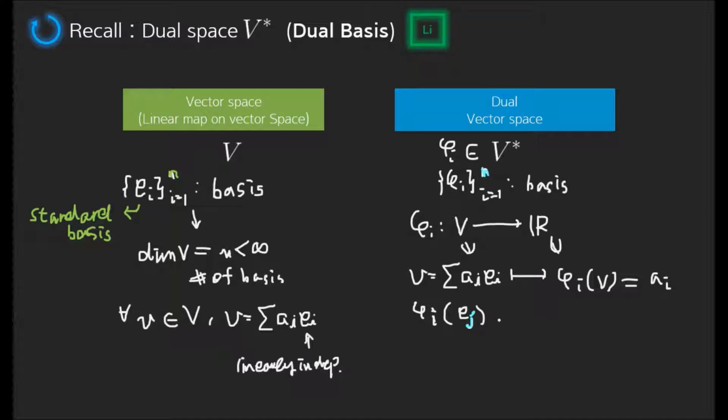Then, by the definition of the coordinate function, this is 1 only if i is equal to j, and otherwise it is 0. This property is important for understanding the dual vector spaces. And because this is a basis, we can understand every element in the linear functionals.